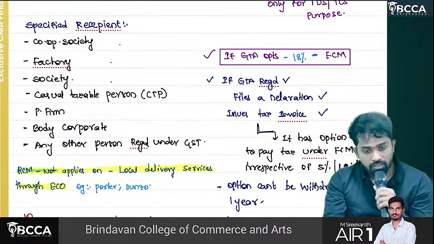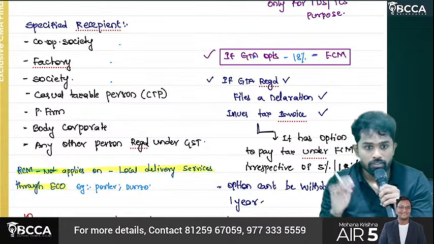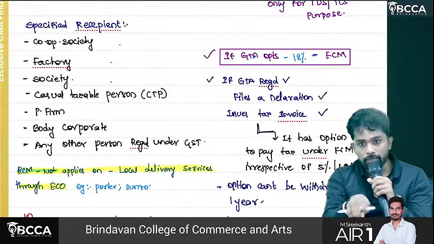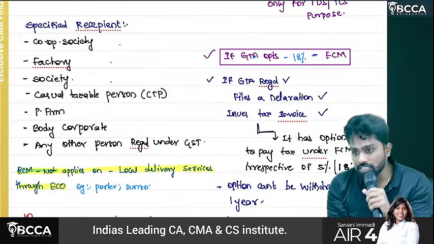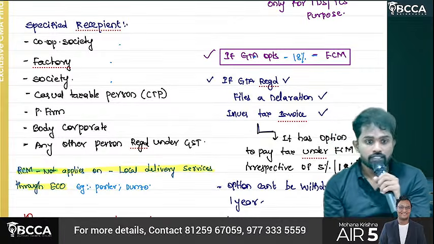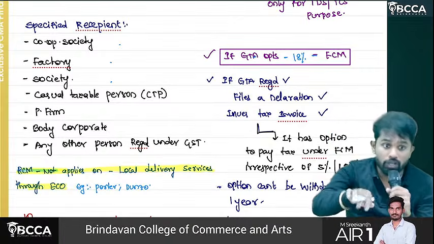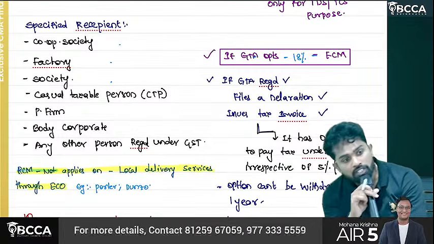Sir, if GTA opts 18%, then anyhow FCM only. 2 rates are there, right? 5%, 18%. If they opted for 18%, always tax has to be paid by GTA only. If they opted for 5%, then what? RCM. But even though RCM, just like others, here also there is an option available. What is the option available to others?